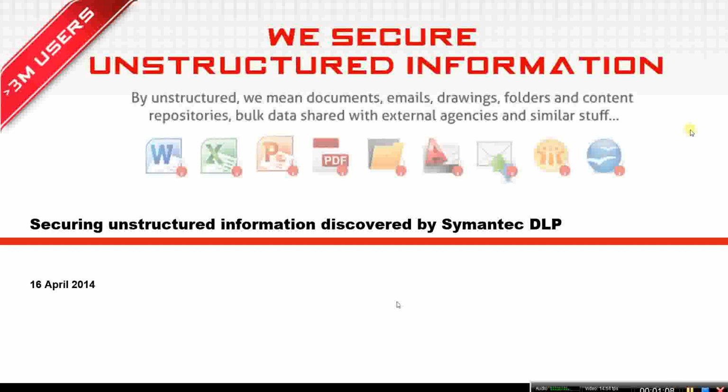So the DLP system, Symantec DLP, does a great job of securing information while it is within the enterprise. But the same information in a lot of scenarios, as we see, needs to also go to external agencies, to external systems. And today's session is going to cover security in that context.